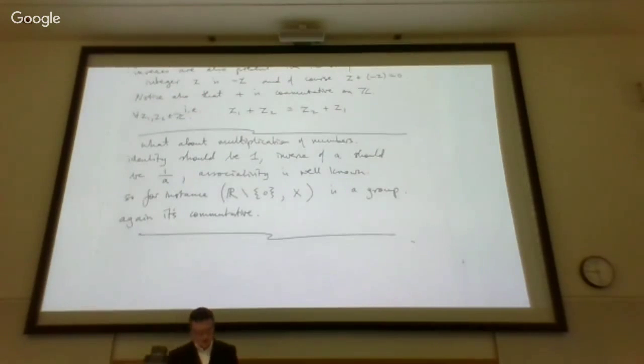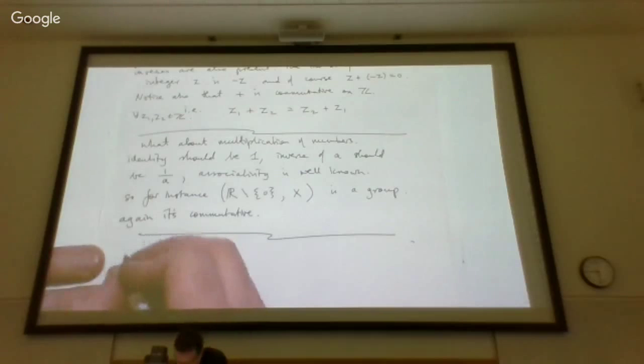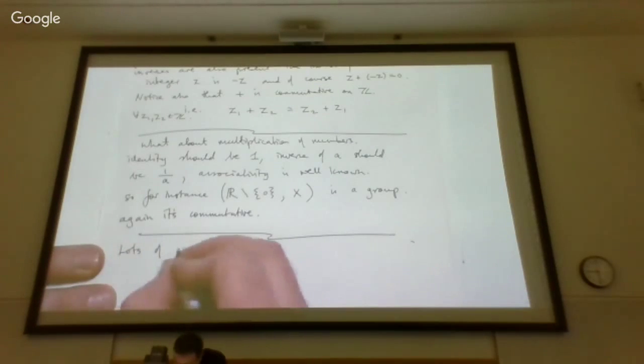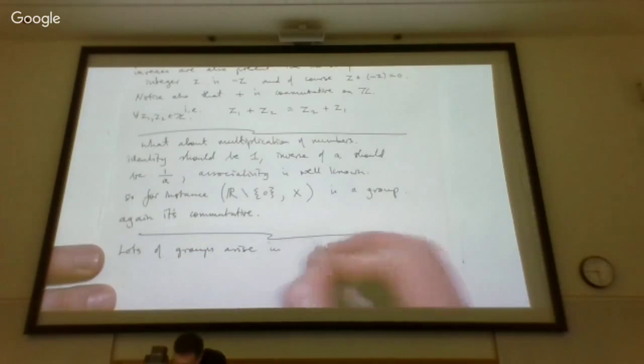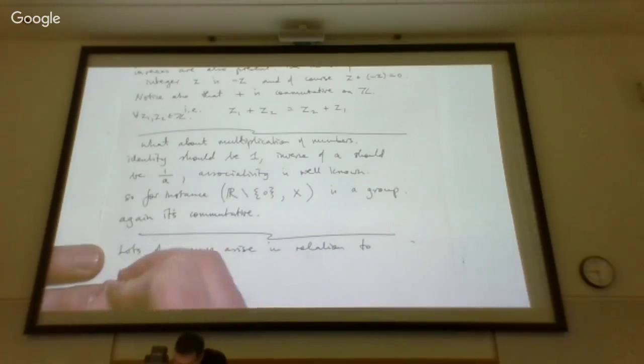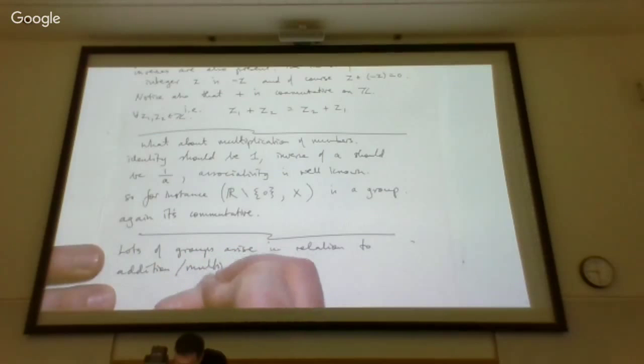Now there's one more group which I'd like to concentrate a bit more on in the remaining time, and we'll see more examples of these as we go through. But for the moment, lots of groups arise in relation to addition and multiplication of matrices.